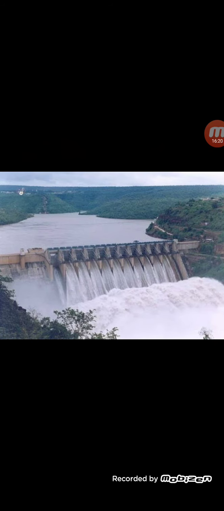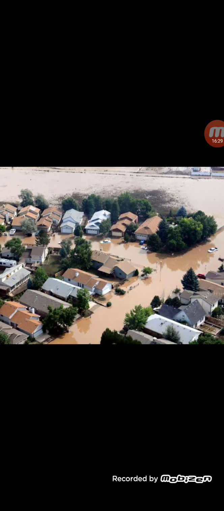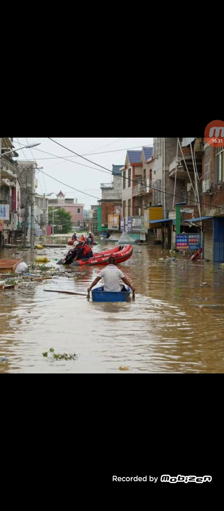See, it is a dam constructed on a river. See the problems faced during floods. This one is also the same. This kind of problems we have to face during floods, and this is during a cyclone.